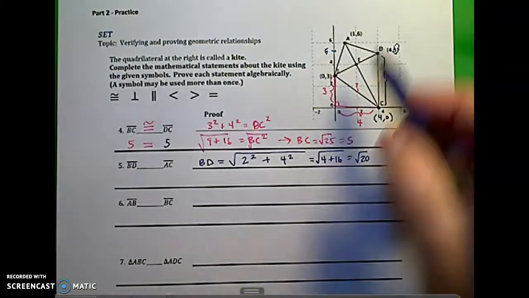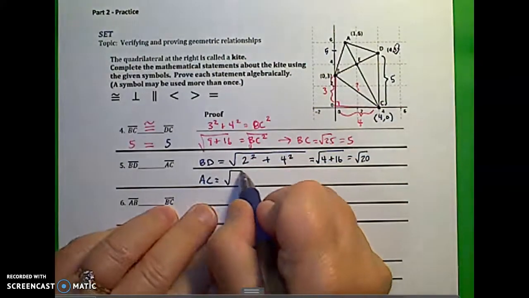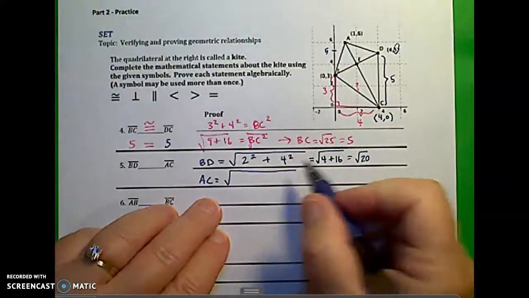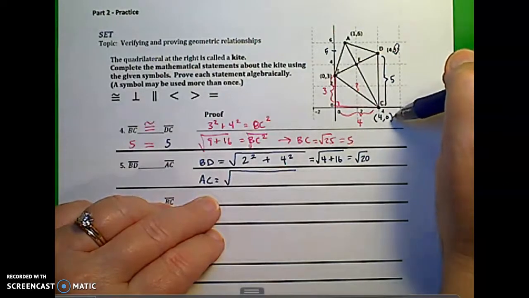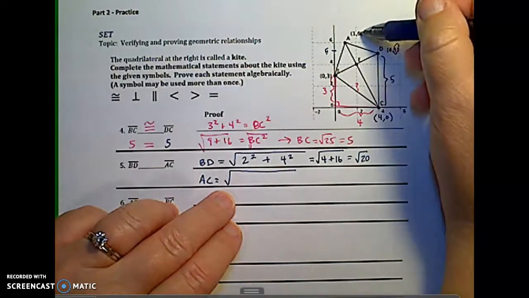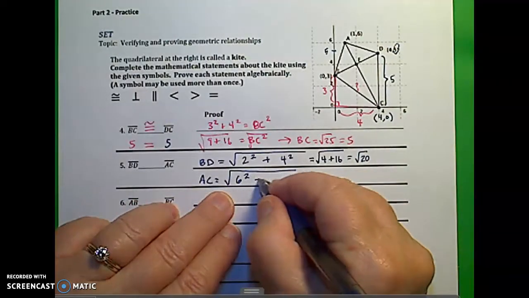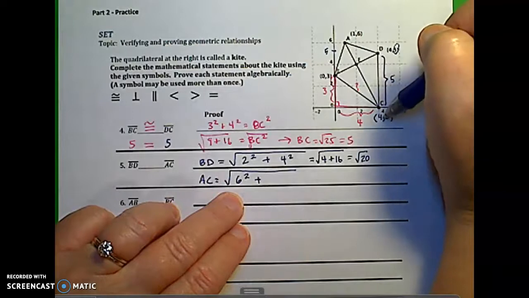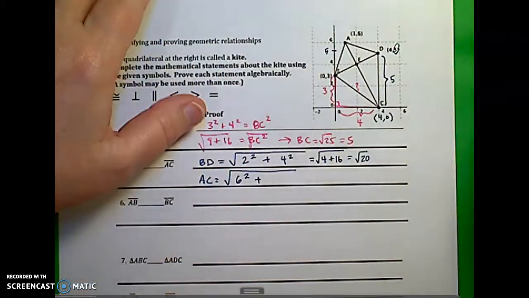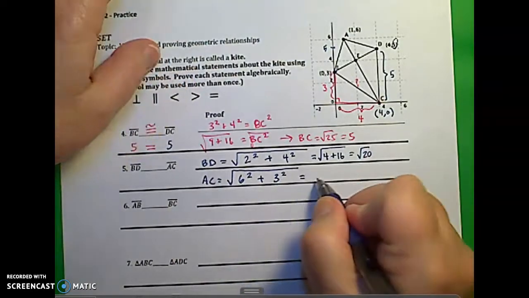The next length I need is AC. So AC, using my distance formula again, my points are 1, 6, and 4, 0. The difference in the y values, the difference between 6 and 0 is just 6. Square it. The difference in the x values, I have an x value of 1 and an x value of 4. The difference between 1 and 4 is 3. So that's going to be 3 squared.